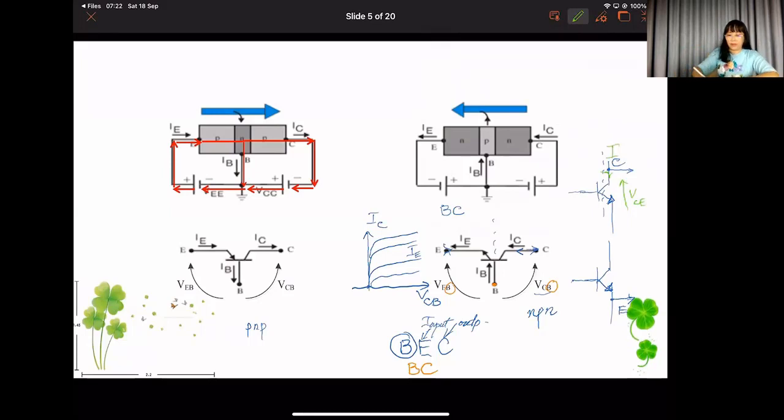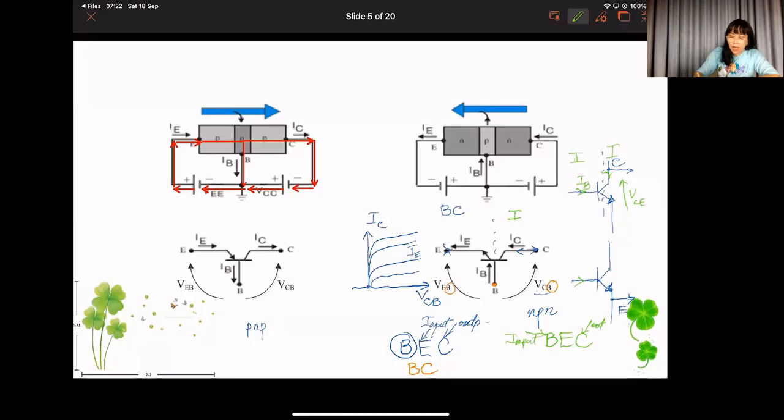On the right, we again see this is one situation, this is a second situation. We have the output here and the input here, the current on the base.